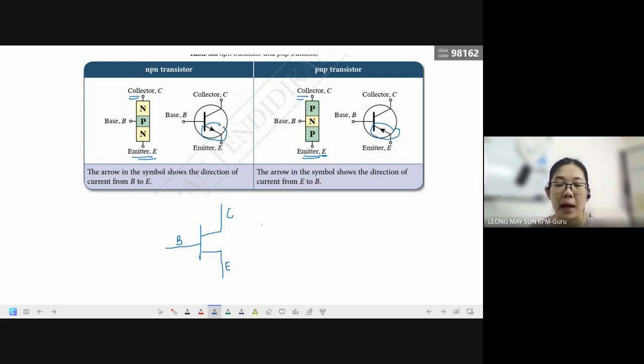And if you recall back in semiconductor diode, I did mention one tip on identifying the diode's direction. If you remember, what did I say? The arrow always points towards the negative. So this is the N type of semiconductor for the diode.